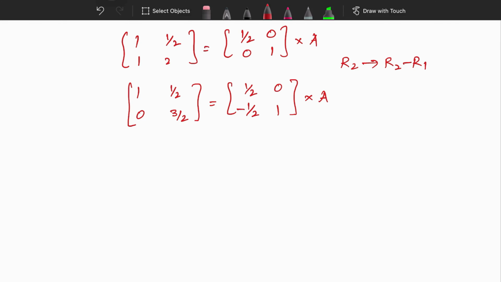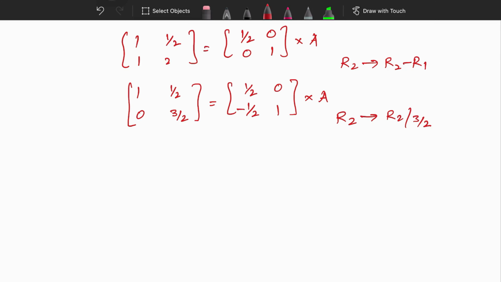So next, I want to make 1 in place of 3 over 2 to make it a unit matrix. So R2 will change to R2 divided by 3 over 2.